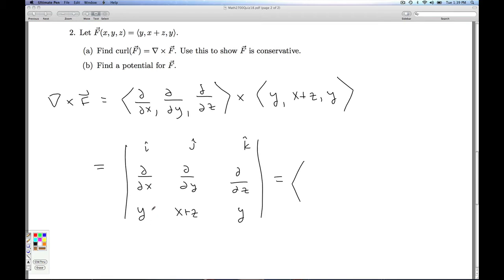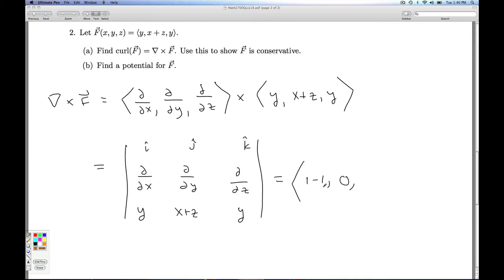If we wipe out the row and column the I is in, we get the partial derivative of y with respect to y, which is 1, minus the partial derivative of this with respect to z, which is 1. So we get 1 minus 1. Wipe out the row and column the J is in. The partial derivative of y with respect to x is 0. The partial derivative of y with respect to z is 0.